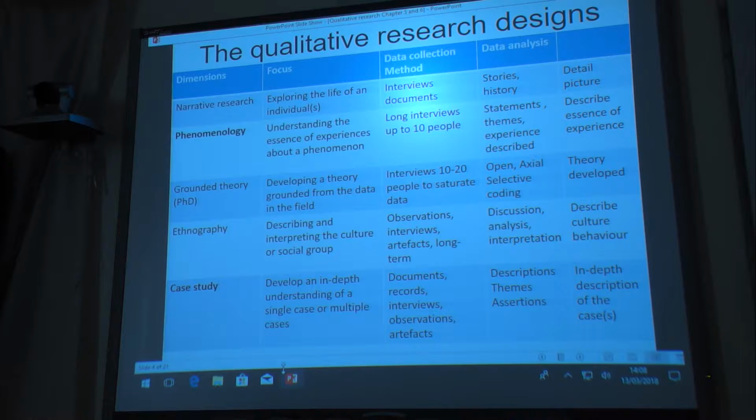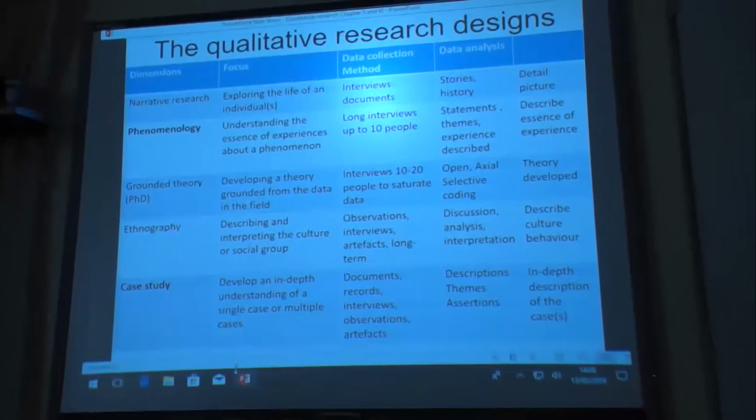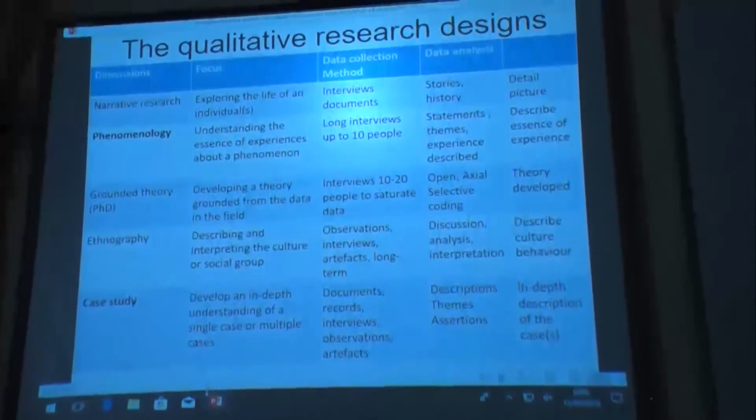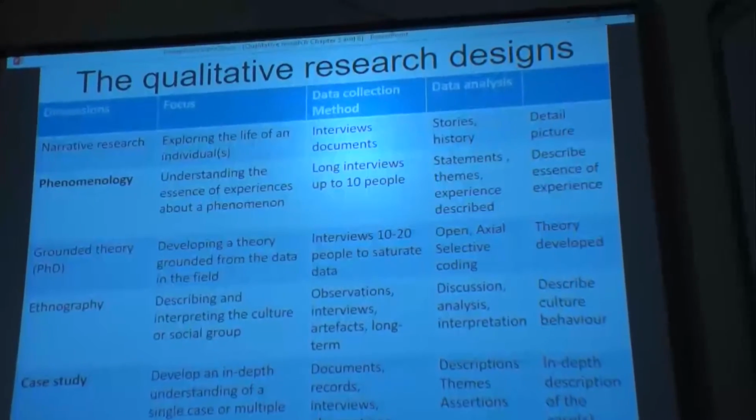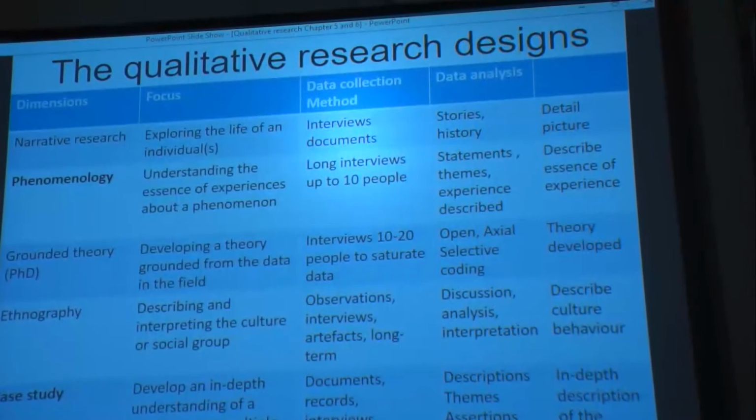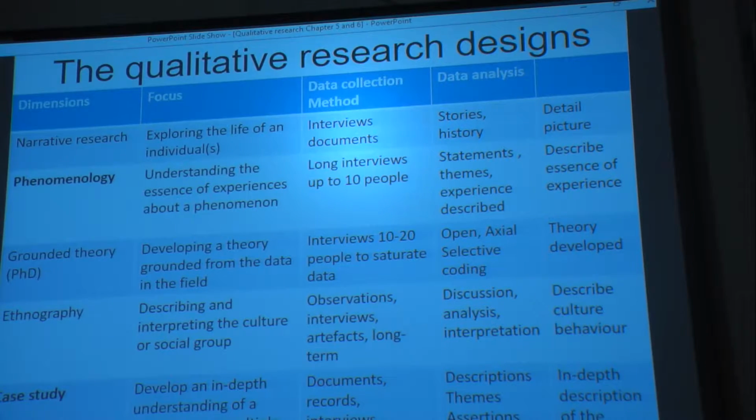So of the 5 qualitative research designs, our first one is narrative research. Now, narrative research is about what people have talked about, what is discussed and what is being said. The focus of this research is to explore the life of an individual or a group of individuals. We can collect the data by means of interviews or by means of documents.